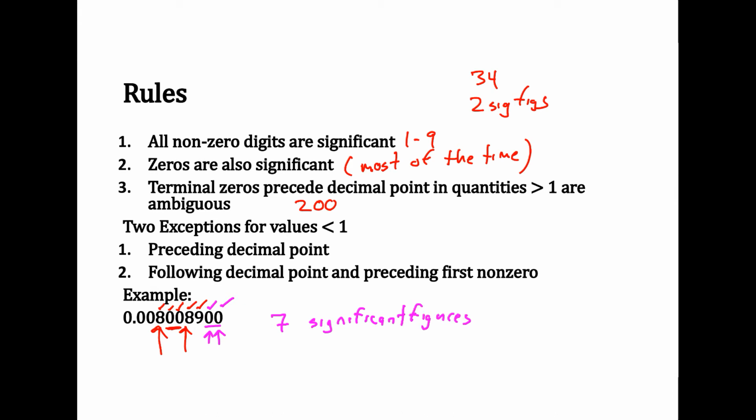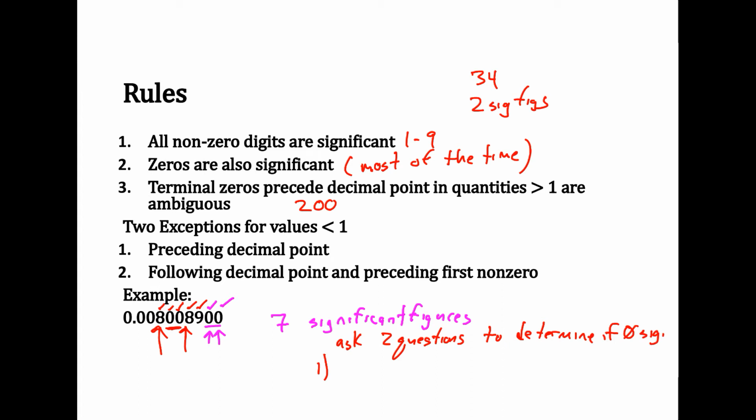All right. So really what you're going to do to figure out whether a 0 is significant is you need to ask these two questions. Ask two questions to determine if 0 is significant. All right.